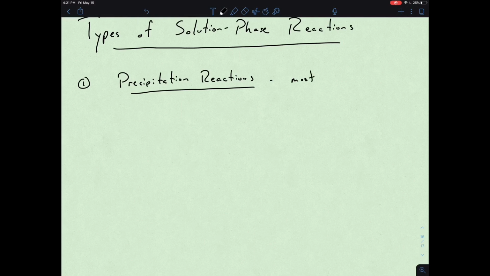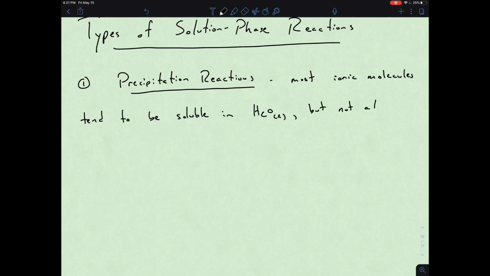Most ionic molecules tend to be soluble in water, but not all are.